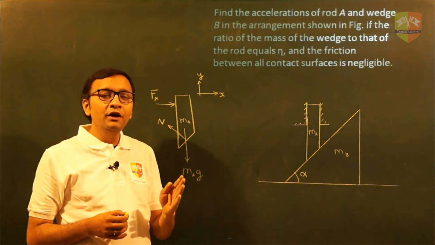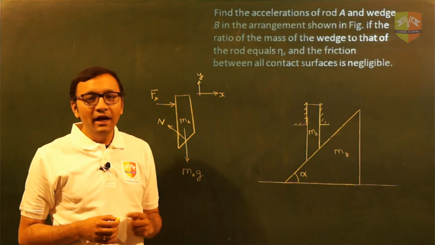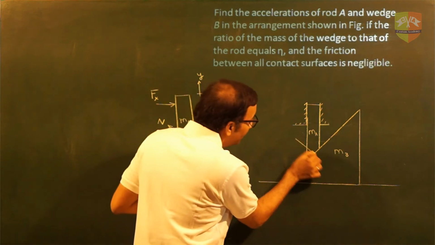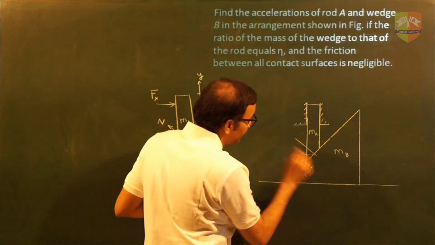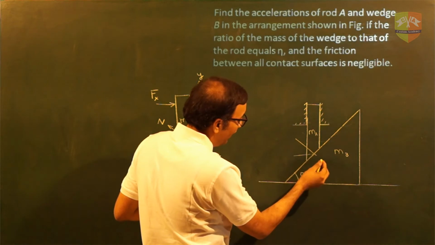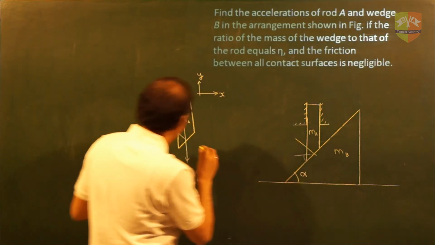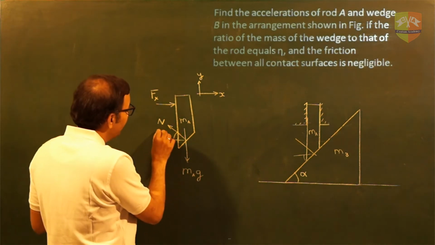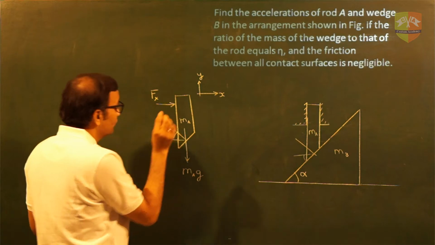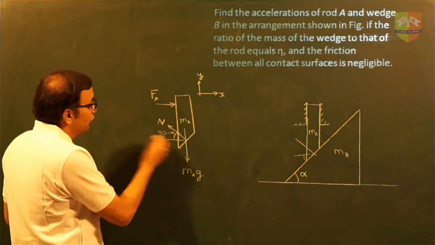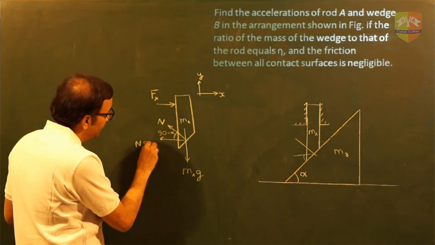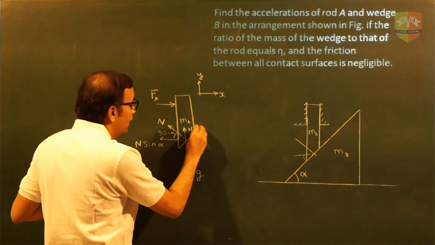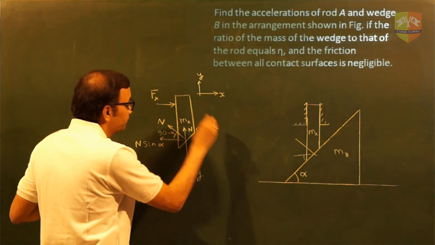It will have a component along y-axis as well as along x-axis. So if we take the component, we'll see that normal reaction is making what angle with the x-axis? It makes 90 minus alpha, right? So horizontally it will have N sine alpha, and vertically it will have N cos alpha.